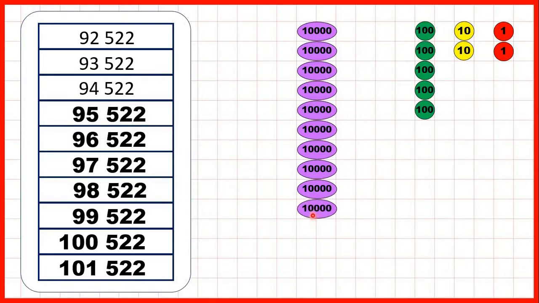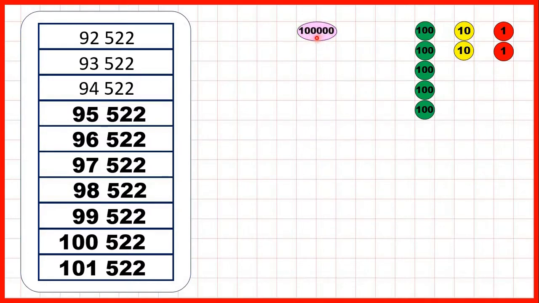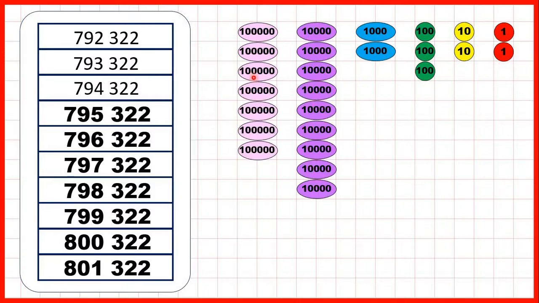But now we have 10 10,000 counters, and we can exchange those for a 100,000 counter. So then we end up with 101,522 because we have a 100,000 counter, no 10,000 counters, 1,000, and we still have our 500s, 2 tens, and 2 ones.